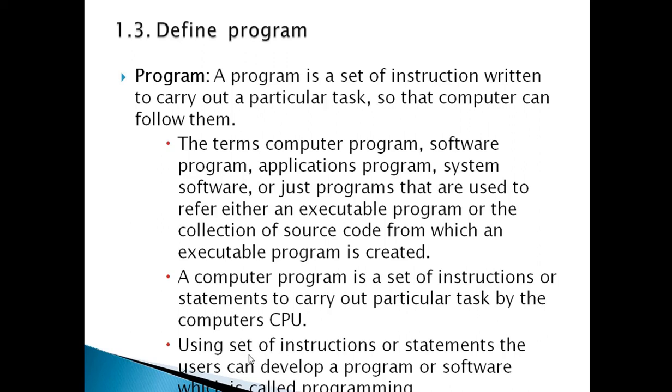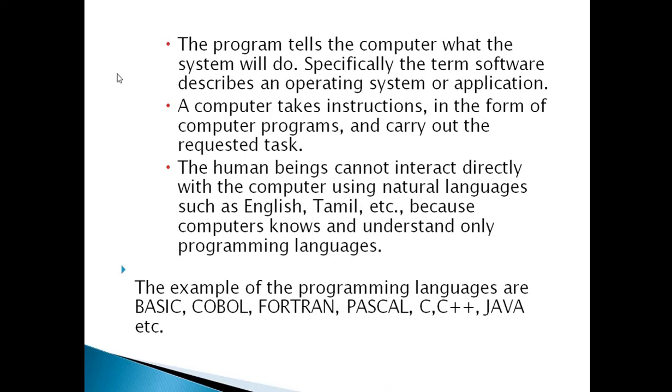Using a set of instructions or statements, the user can develop a program or software, which is called programming. A program tells the computer or the system what it should do.